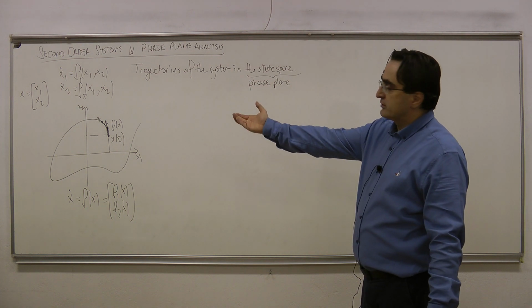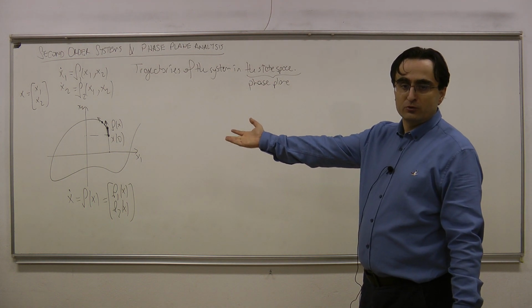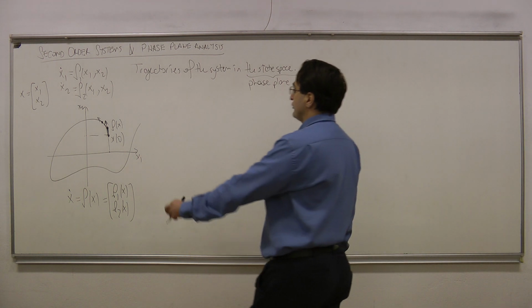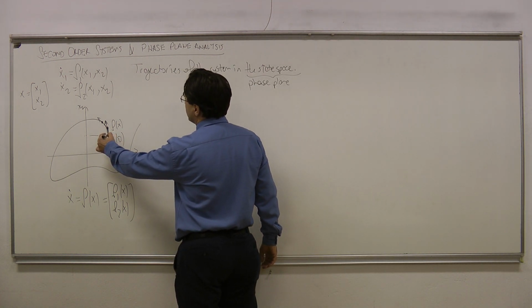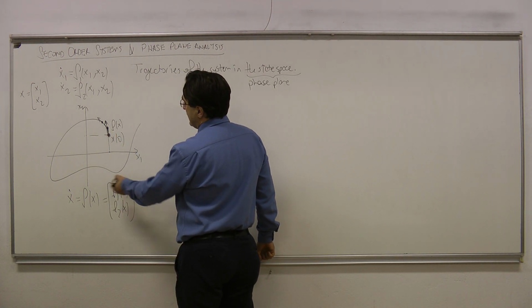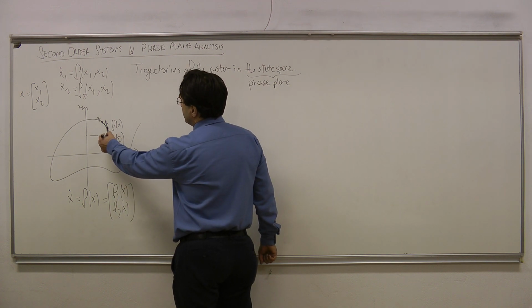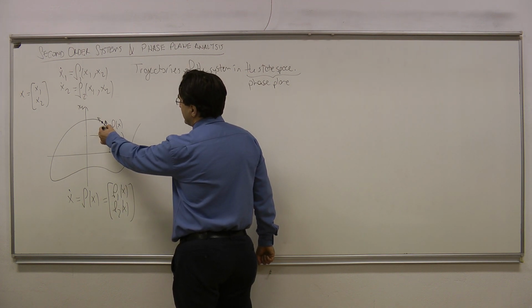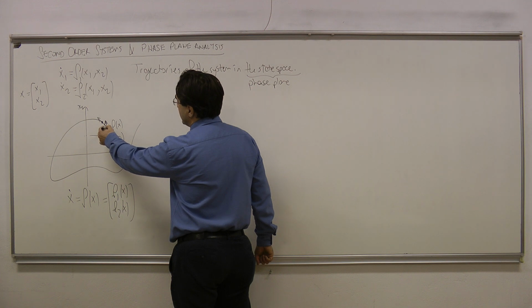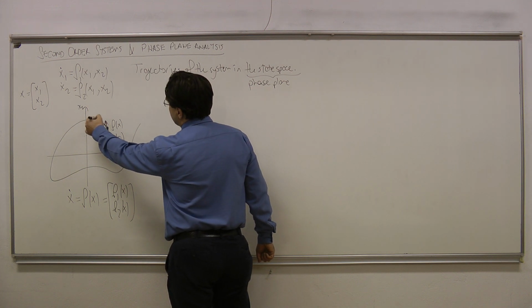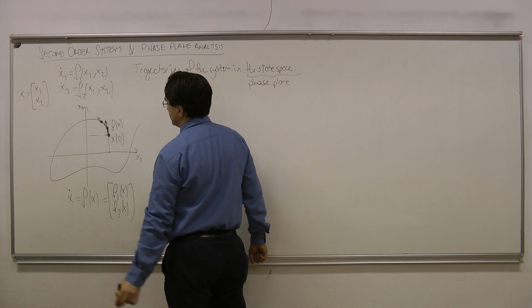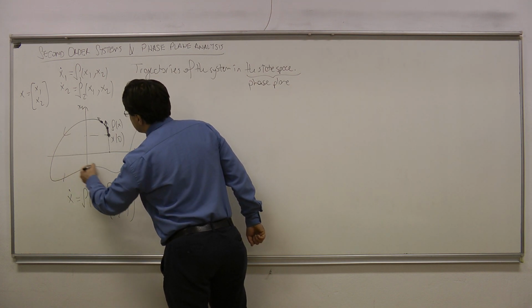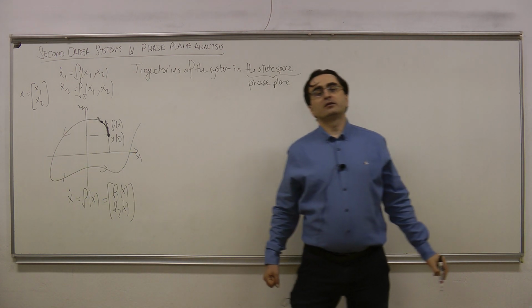Okay, this is how a computer would draw this trajectory. It would start with an initial condition, and it would calculate a velocity vector. Then it would move in that direction infinitesimally, and then it would calculate another velocity vector, and it would move infinitesimally in that direction, and it would draw a trajectory like this.